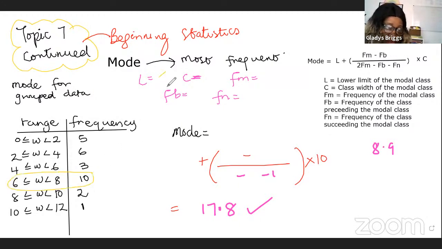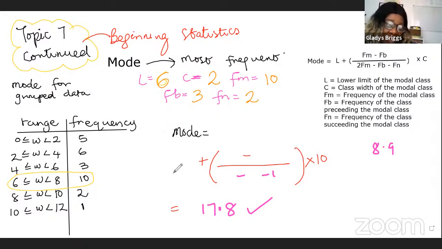It's going to be 6 here. Okay, and what's the class width of the modal class this time? It's going to be 2 this time, okay? And the frequency of the modal class is definitely 10. The frequency of the class preceding the modal class is 3. And the frequency of the class succeeding the modal class is 2.